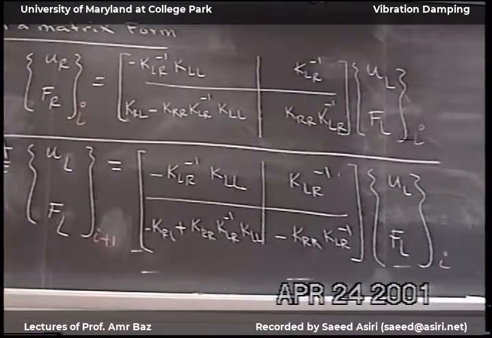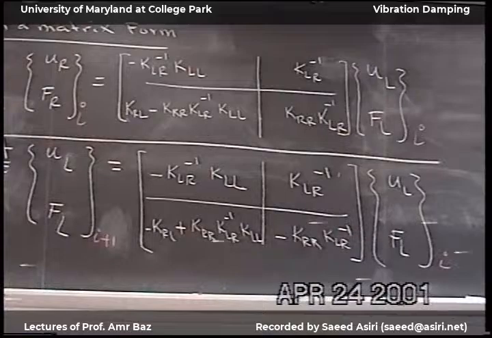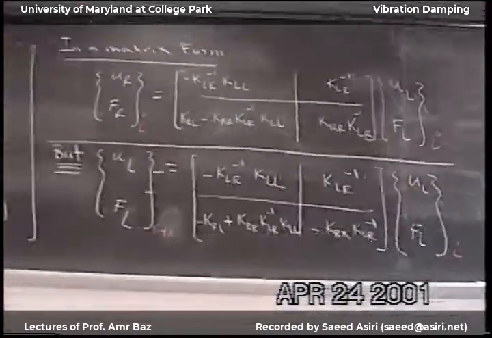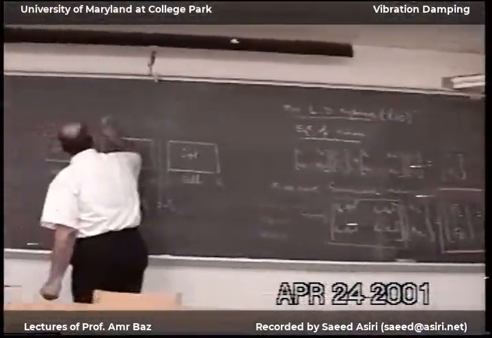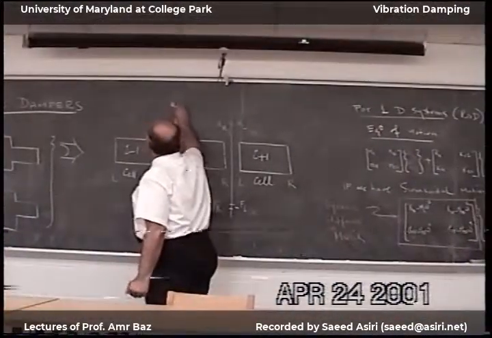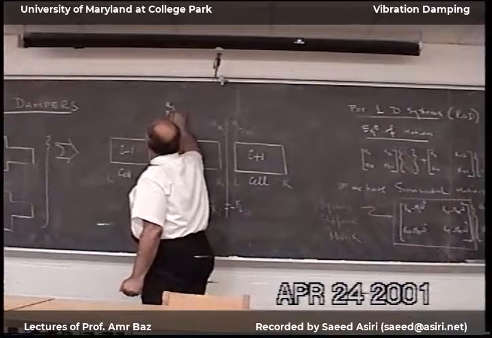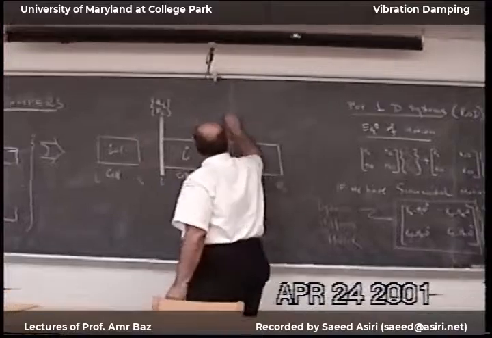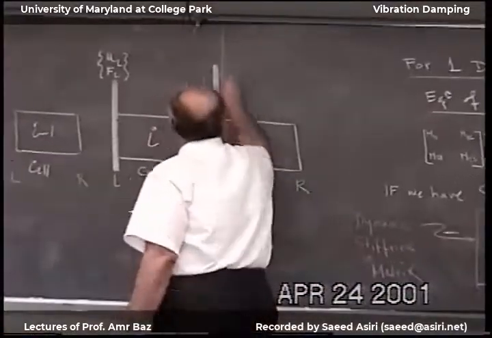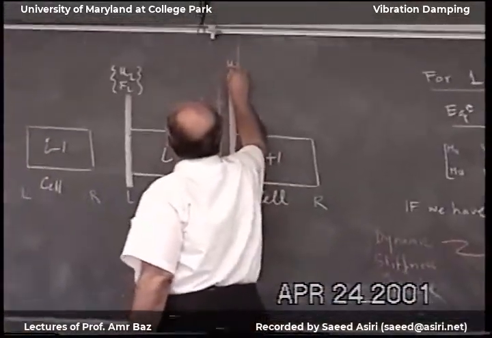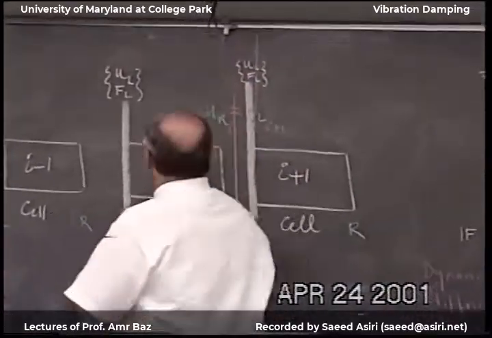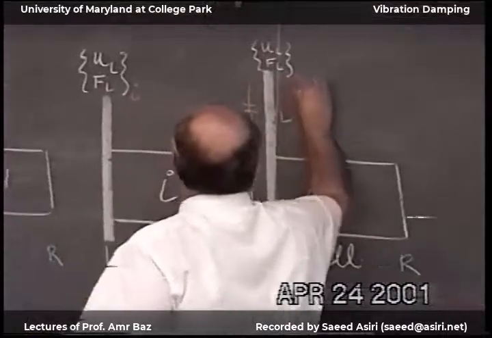Now this has a beautiful assembly now. The vector of U and F here in one cell is related to the vector U and F of the following cell.